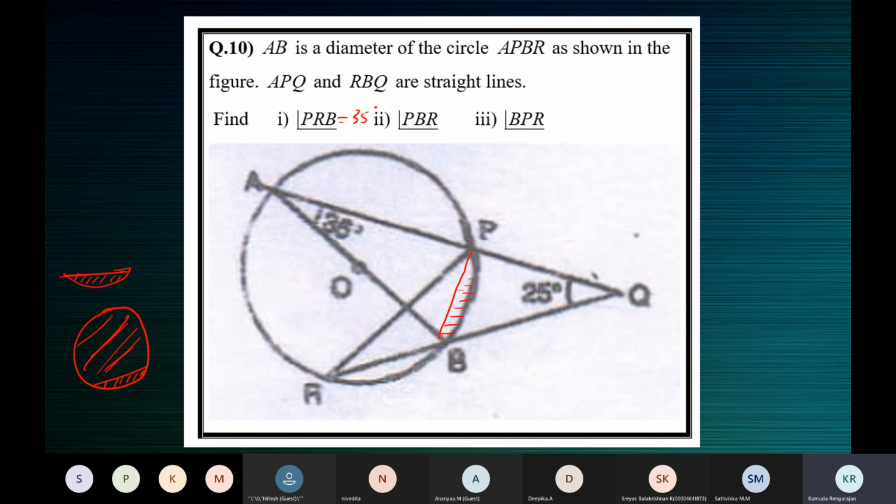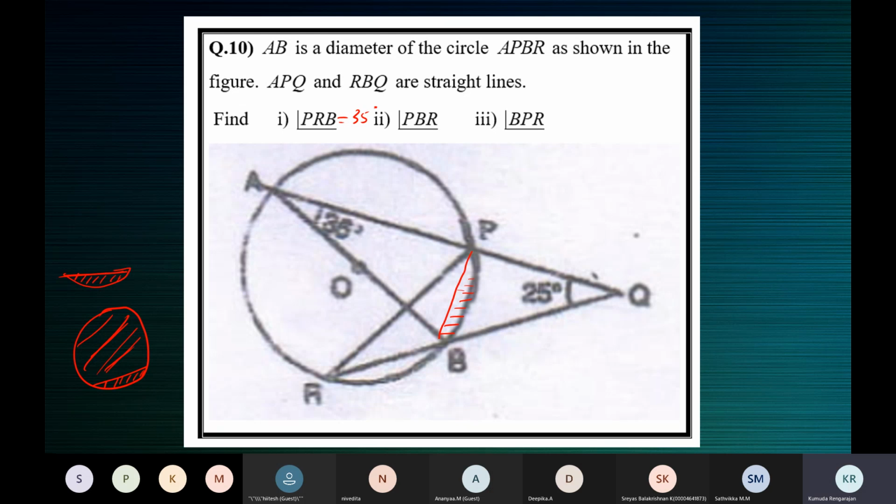Yeah, next. What is the measure of angle? You said BPQ. BPQ is equal to 90 degrees. Angle in a semicircle. BPQ is not an angle in a semicircle.